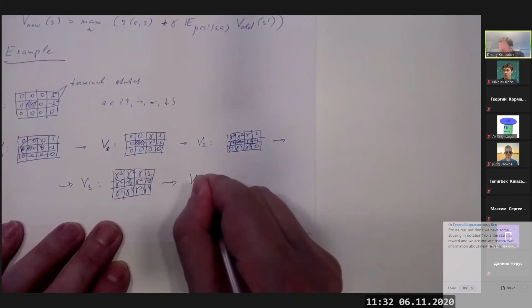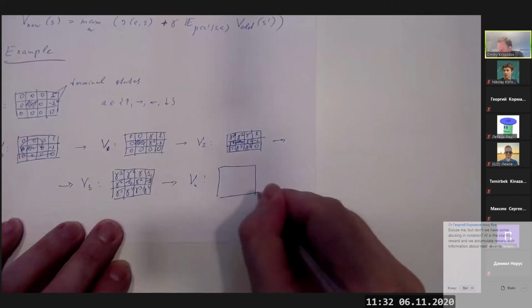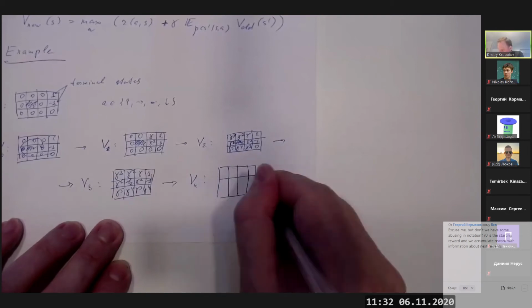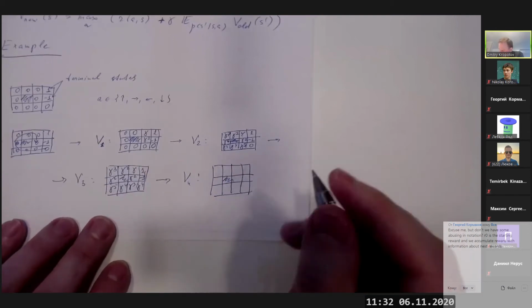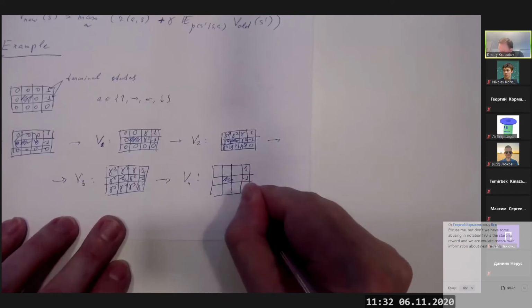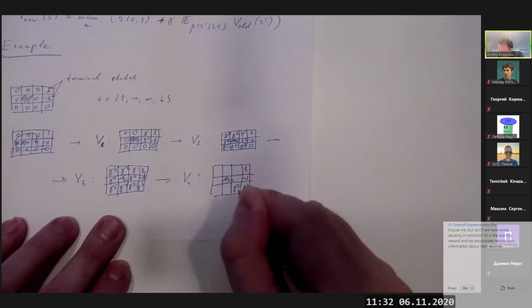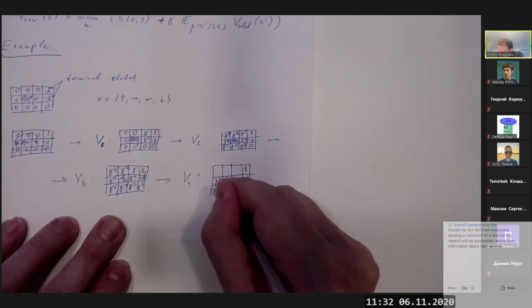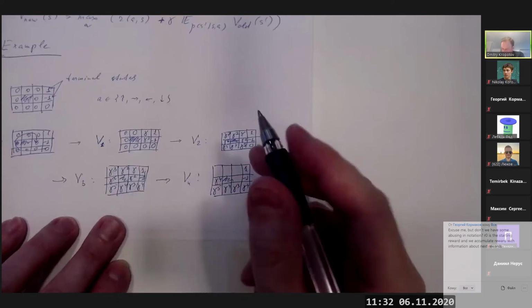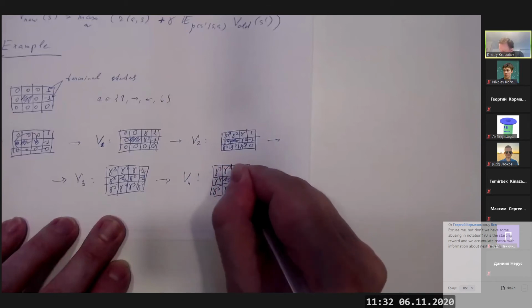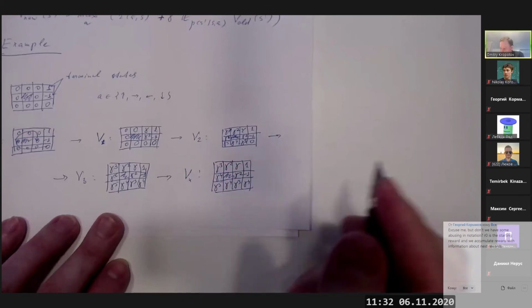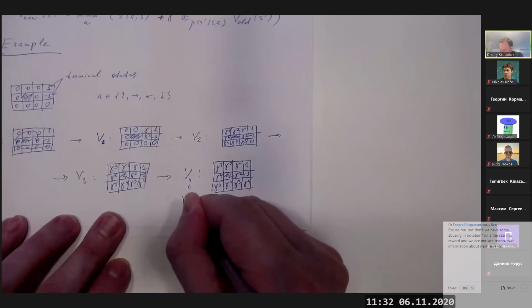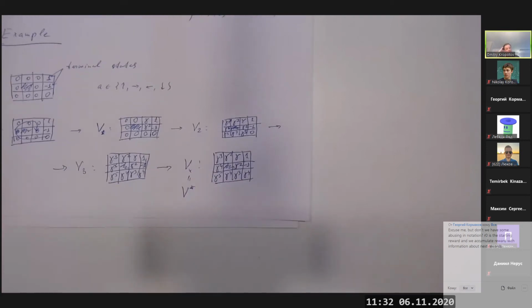And the fourth iteration would be the last one. Now gamma to the power of 4, we propagate here gamma cubed. And this is equal to the optimal v function.